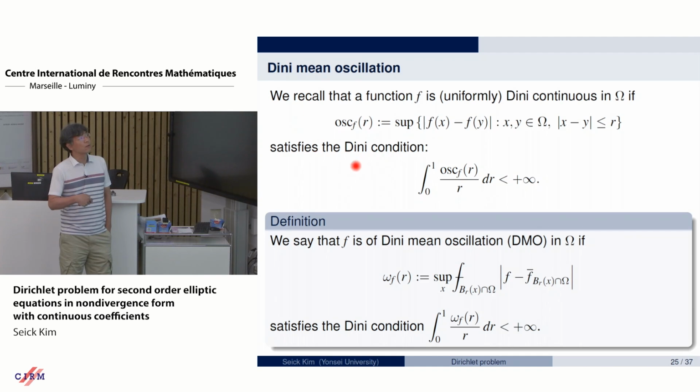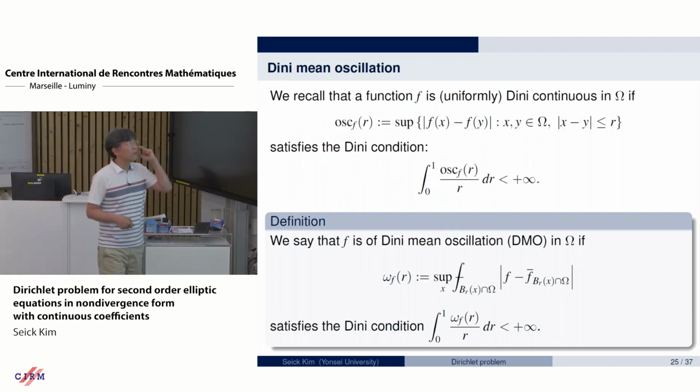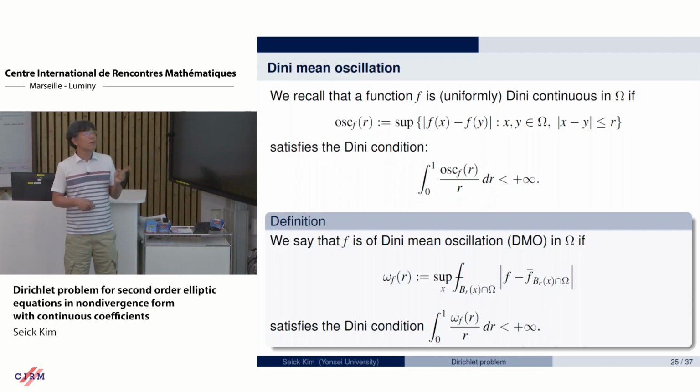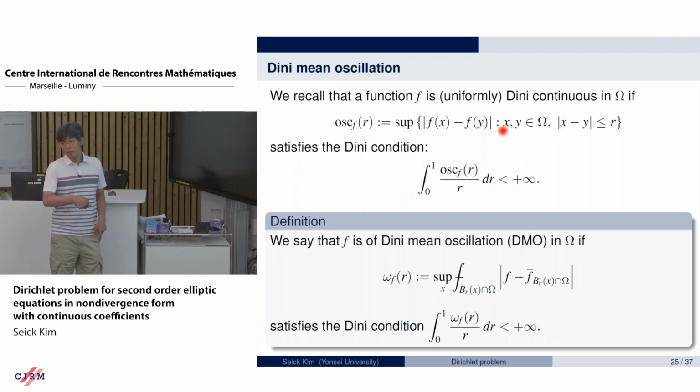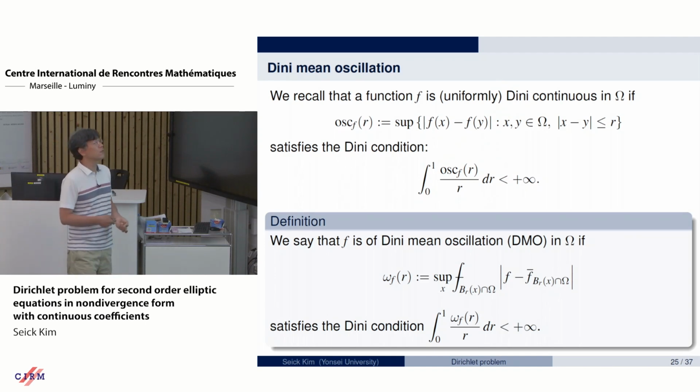This is called the oscillation of f. If this satisfies the so-called Dini condition, that is, the integral is finite, then f is called Dini continuous. For example, if f is C^alpha, Hölder continuous, then the oscillation is like r^alpha divided by r integrated, which is of course finite. So a Hölder continuous coefficient is Dini.